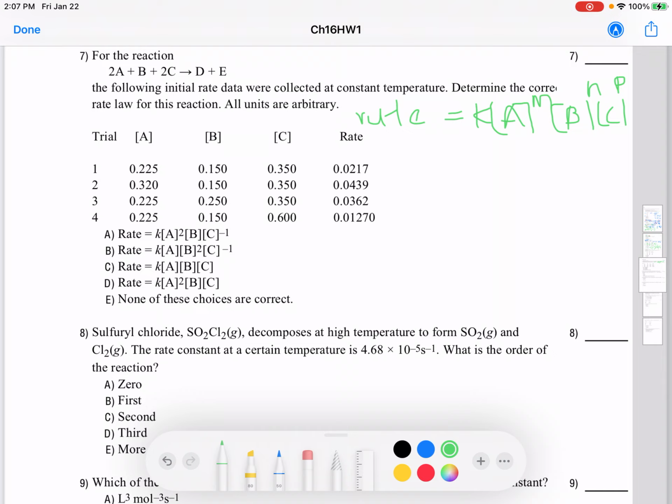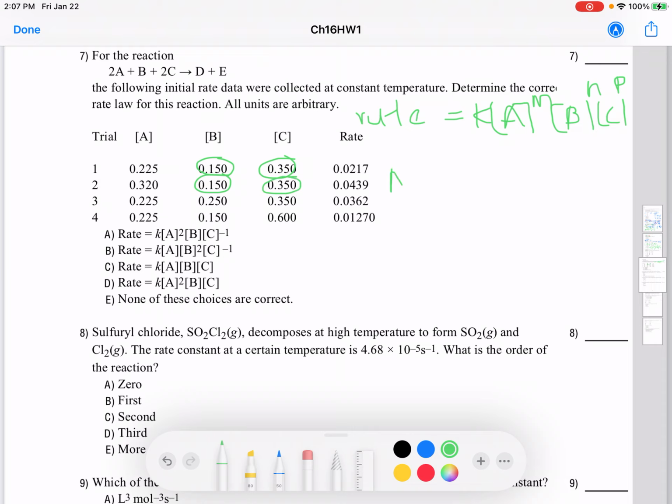To find the order of A, you look for the reactions where B and C remain constant. So here, B and C concentrations are constant.